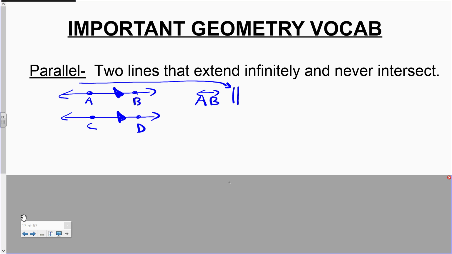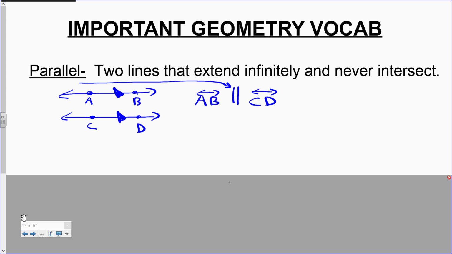On a picture, the arrows are a symbol for parallel. If you want to say a mathematical statement like this line is parallel to this line, it's that double bar there. So line AB is parallel, a double bar, to line CD. Okay? So parallel: lines going on forever without ever touching.